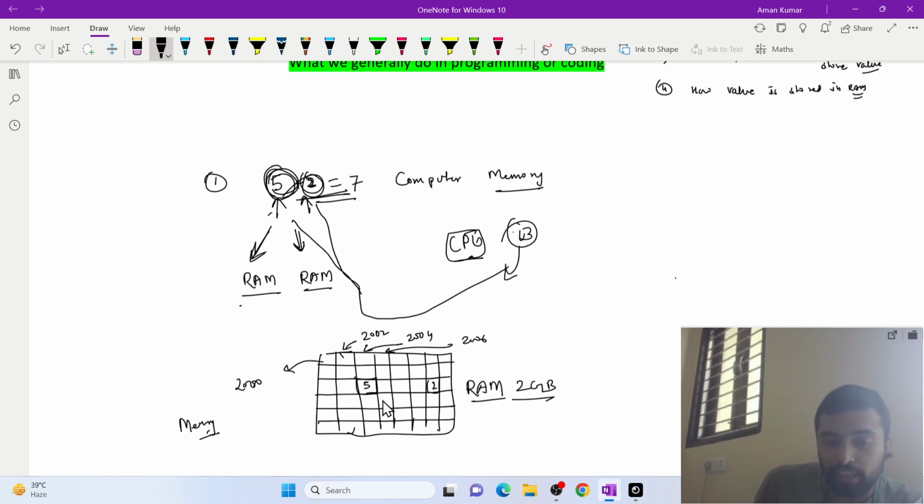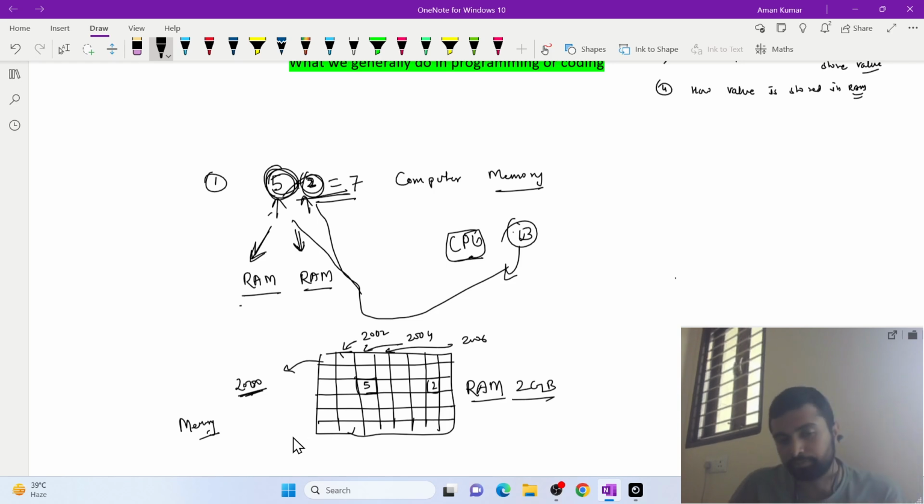So every block has some memory location or memory address in the form of 2000 or 2002, though different computers have different kinds of memory systems. But for simplicity, let's say this block has memory location 2000, this has 2002, this has 2004.